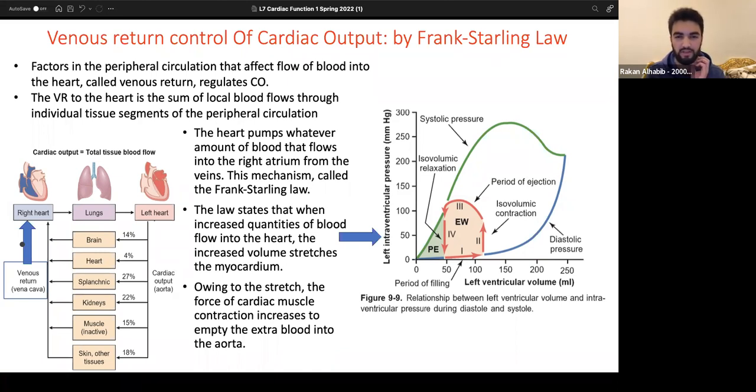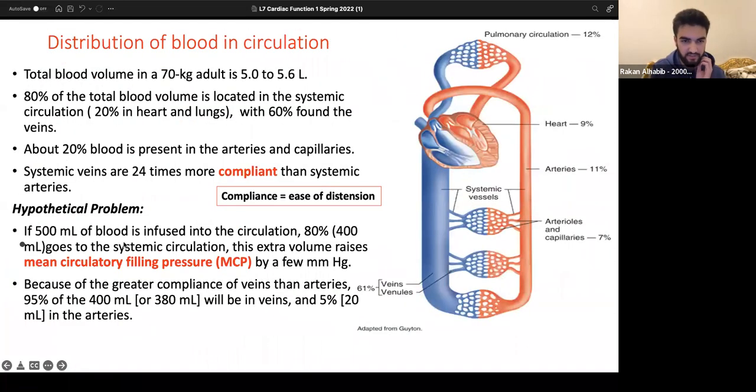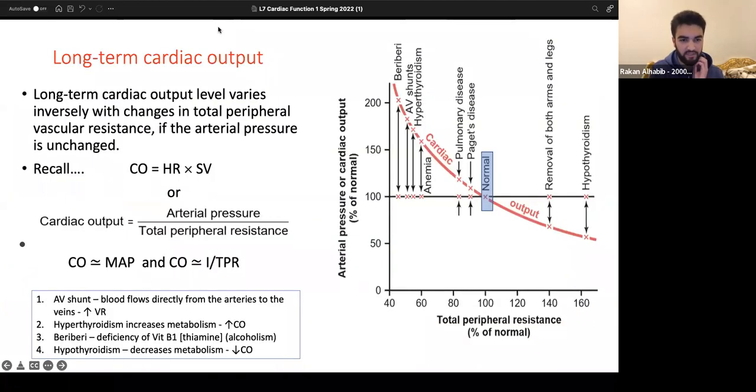One second, there's a lot of questions. Also, less blood is going to the veins, so we have less venous return. I don't get what you're saying, Walid. Sympathetic for vasoconstriction will increase cardiac output. Yeah, but I'm just saying, if I increase the systemic vascular resistance on its own, I'm not talking about sympathetic or anything else.